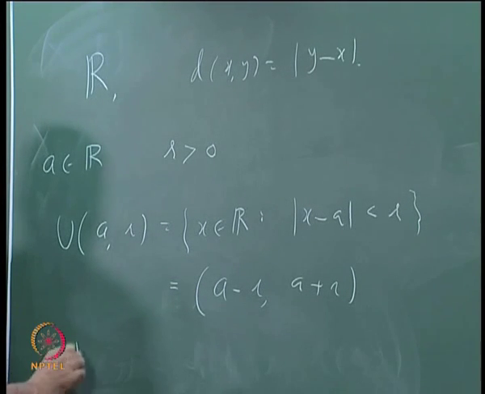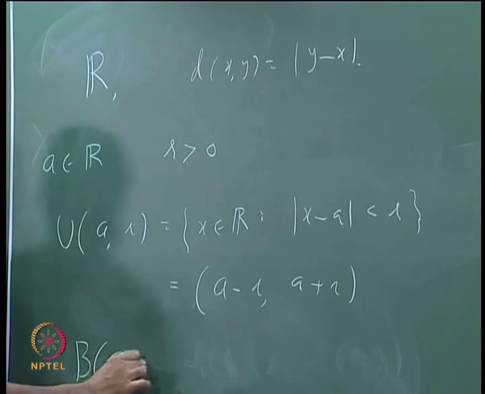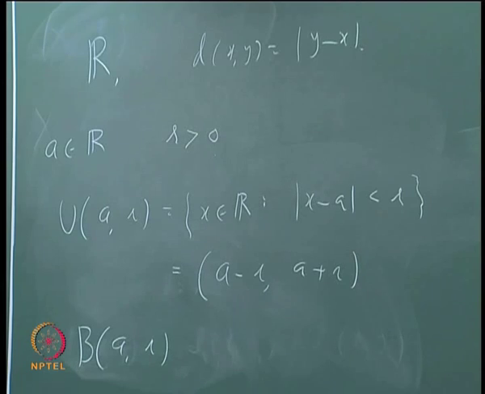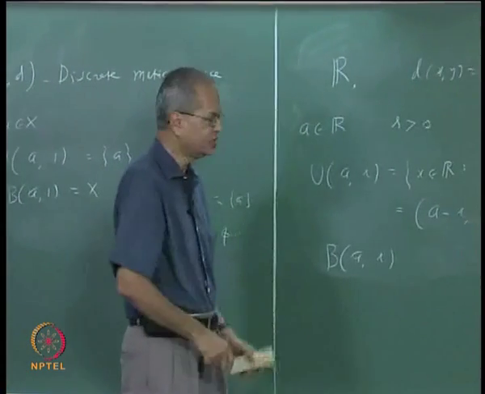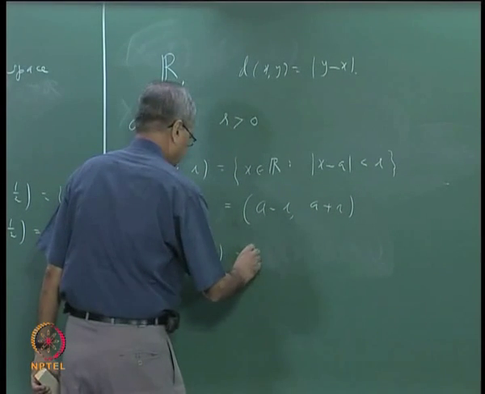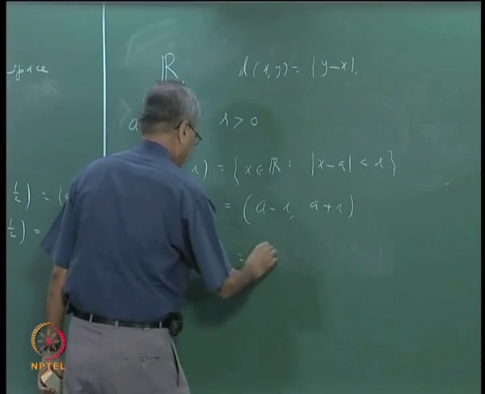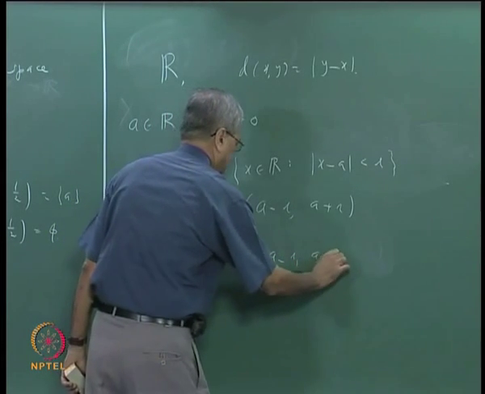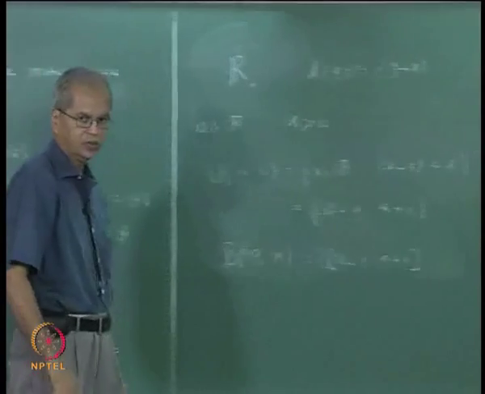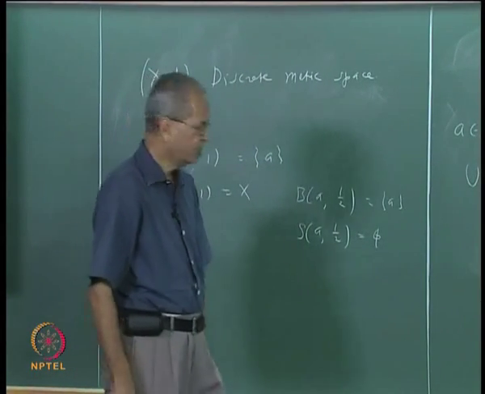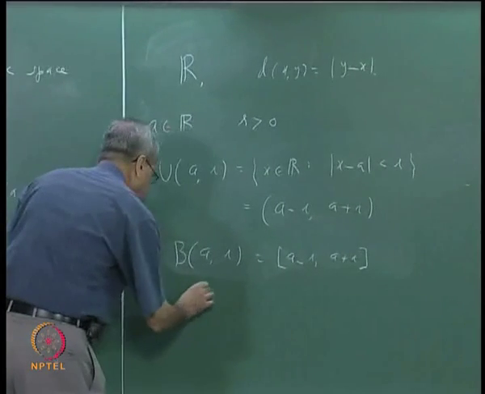And what about B(a,r)? It will be the same interval but closed, because the endpoints are also included, since mod x minus a is less than or equal to r. So it is the closed interval a minus r to a plus r. And what is S(a,r)?